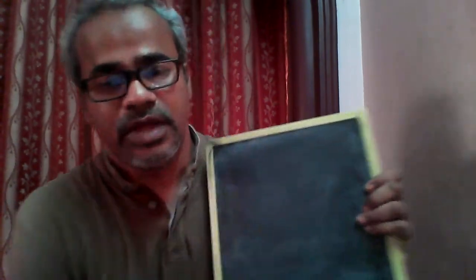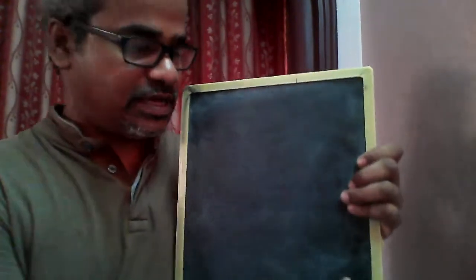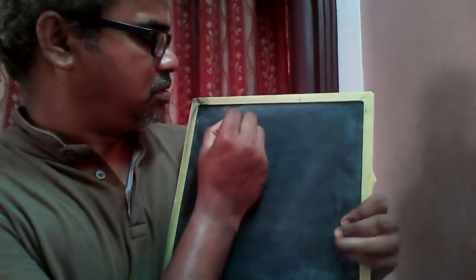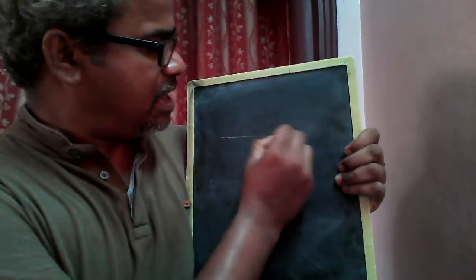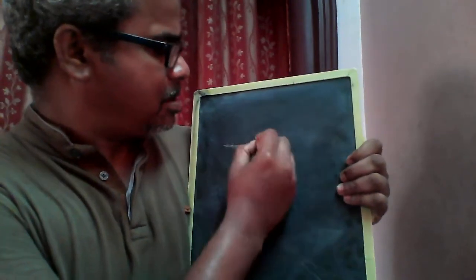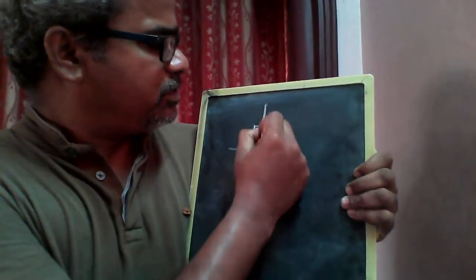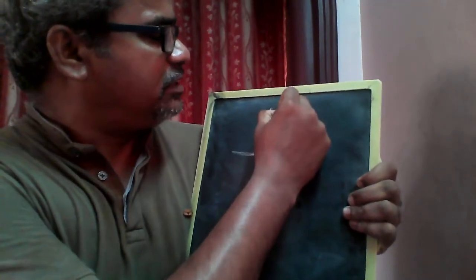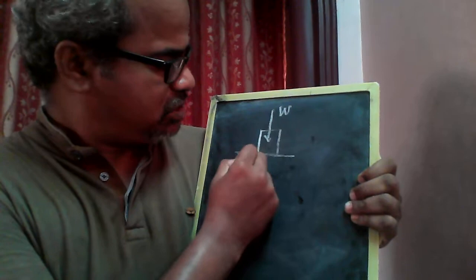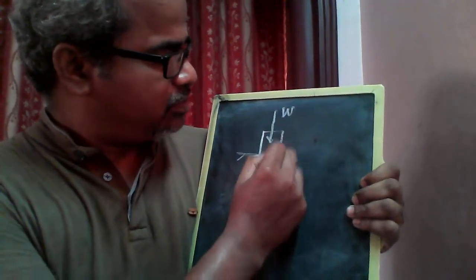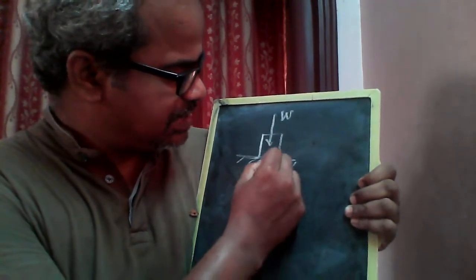Then coming to the characteristics of the friction. Suppose I have a floor and I have a body which is having a weight W. Due to this weight, there will be a normal reaction.